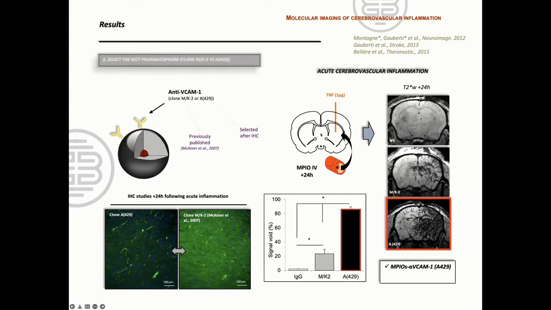And you can see here that in mice, when we infuse TNF inside of the brain, we can induce inflammatory processes. And by using these VCAM1 paramagnetic beads, we can reveal in vivo the presence of these adhesion molecules at the surface of endothelial cells using MRI. Which means that we can use this methodology to predict inflammatory processes.